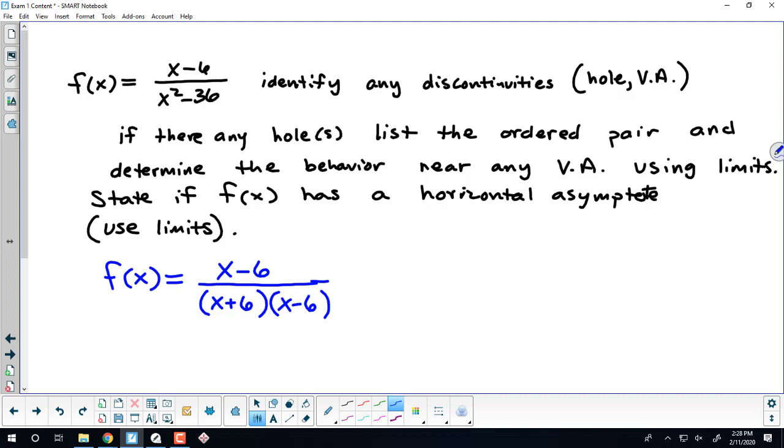And simplify or reduce this function to 1 over x plus 6. That helps us get our bearings. What do we know from our work now? There's a hole where? A removable discontinuity when x is equal to 6. And what else?